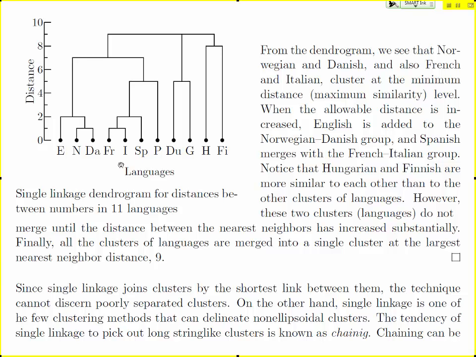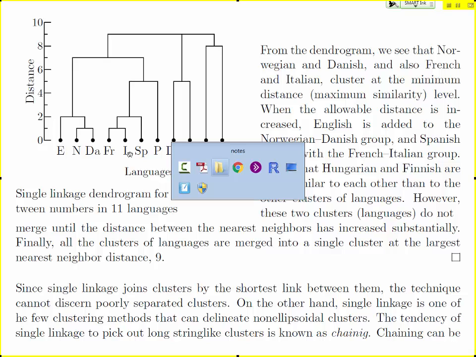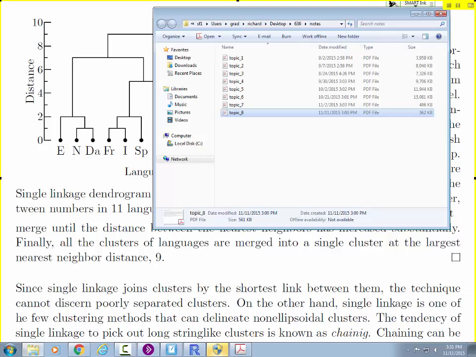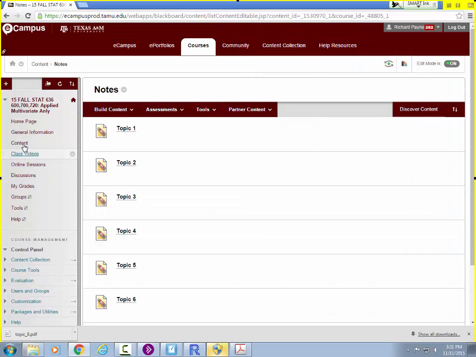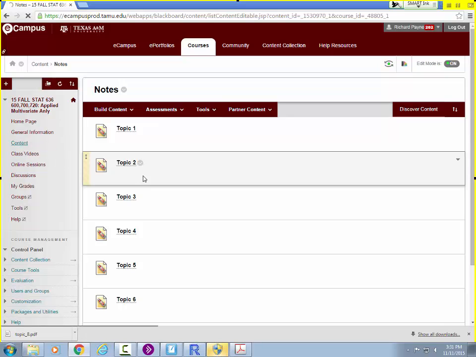And what happened was, let's go do this in R, and we'll talk through the dendrogram there. So in R, the script is on eCampus. Let me remind myself what the table number is. 12-3. So I'm going to get the script for 12-3.